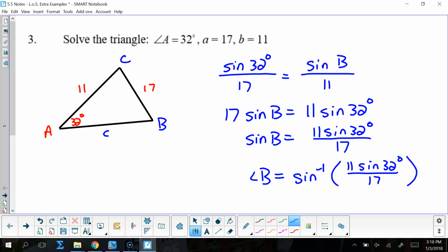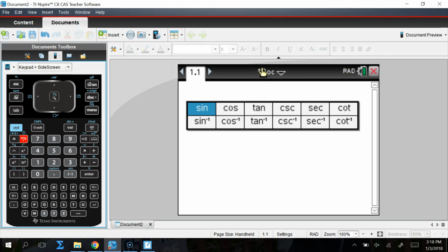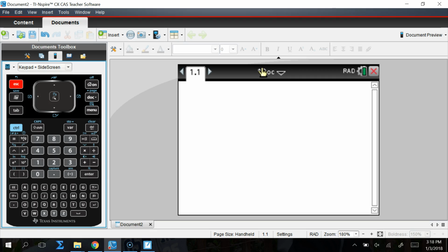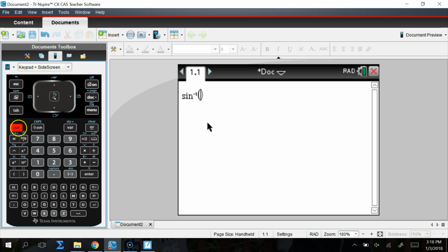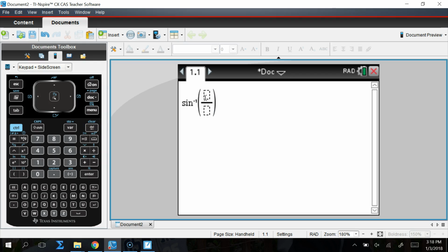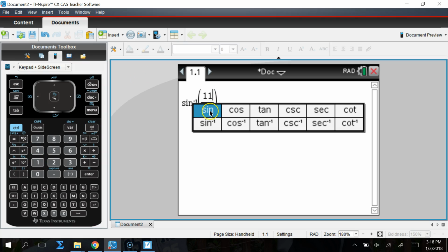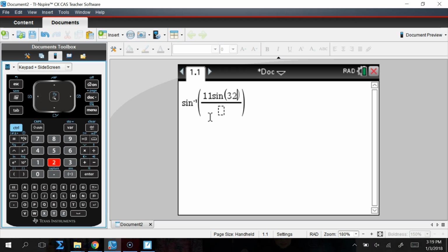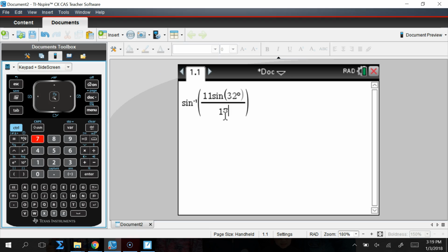So let's go to the calculator and figure out what that is. We've got the inverse sine of 11 sine of 32 degrees divided by 17.